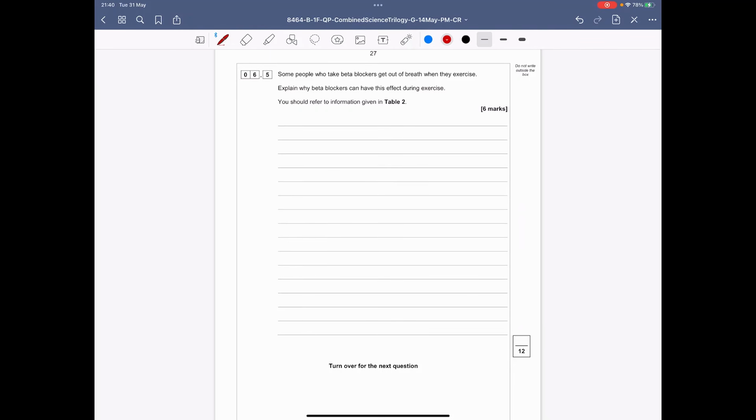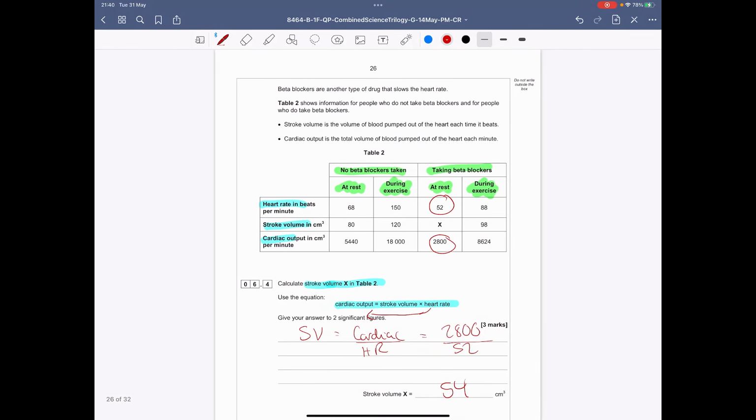Question 6.5 then. It says some people who take beta blockers often get out of breath when they exercise. Explain why beta blockers can have this effect during exercise, referring to information from table 2. Well, we can see clearly the effect of taking beta blockers is that it reduces your heart rate, that's lower.